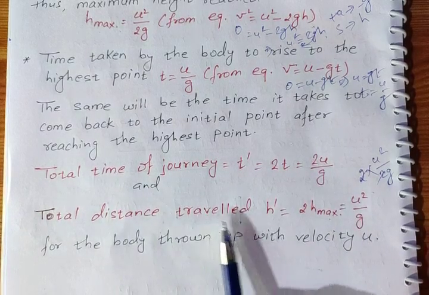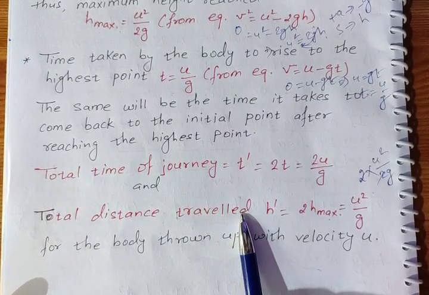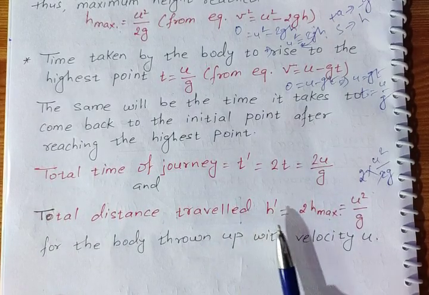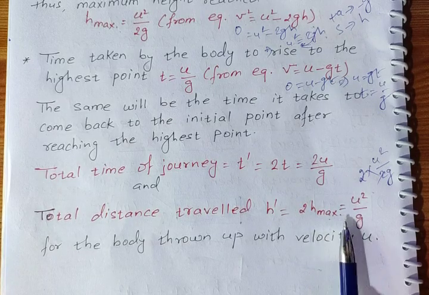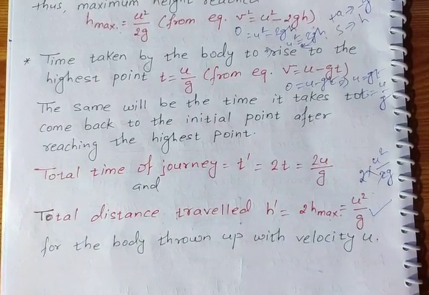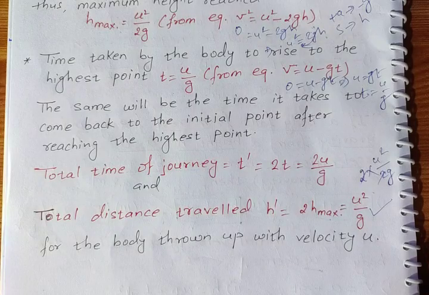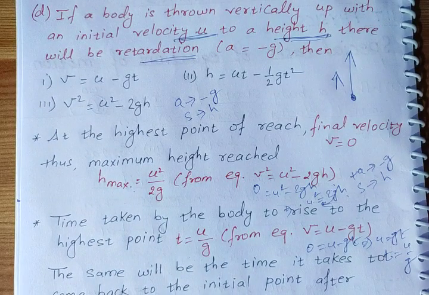So total distance travelled, initial point to maximum height and maximum height to again initial point, that is total distance travelled H dash, that is 2 times of maximum height, is equal to U square by g for the body thrown up with a velocity u. Clear children? Today we discussed some special cases of equations of motion.